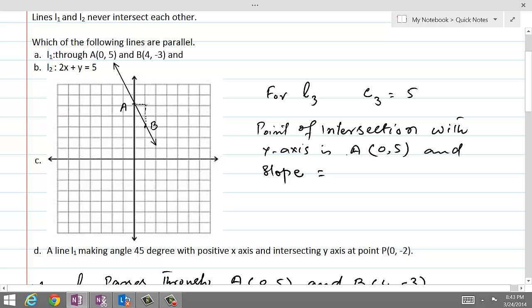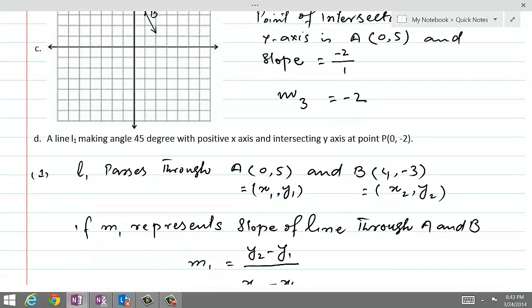So slope is equal to rise over run. Here rise is -2 because we are coming down, and run is 1 unit to the right, so that is positive. Therefore M3 is equal to -2. And again, this line has the same slope and the same y-intercept.